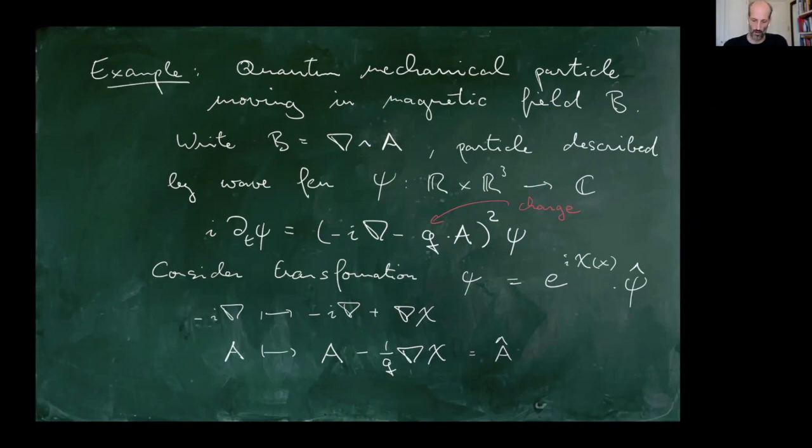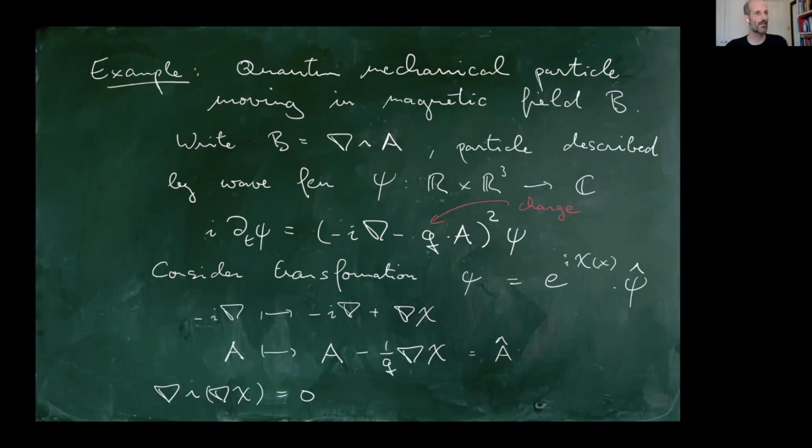Now, what you also see is that the curl of a gradient is 0. So actually the magnetic field hasn't changed at all.